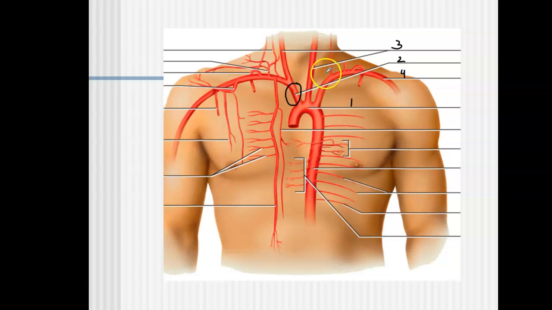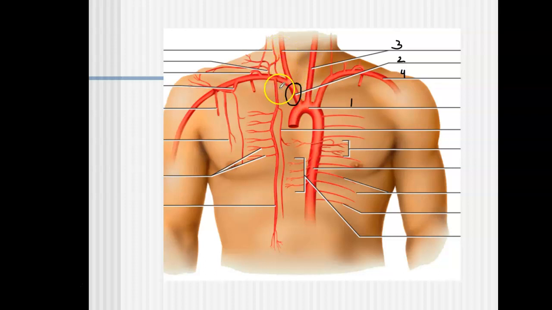Because after that, here, it's going to be one that goes under the clavicle. So I'm going to call it subclavian. So this region here is subclavian. And this region that's going up to the head is the right carotid artery. So this would be right and left carotid arteries. Okay, so down here, I have brachiocephalic.